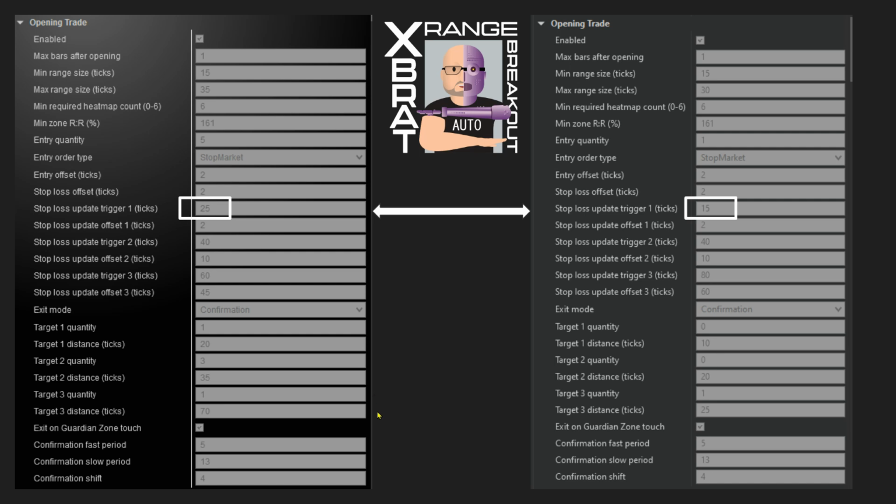Now we can see down the bottom here, exit on Guardian zones is still the same at that point. So everything's pretty much the same except for that stop loss update trigger, that break even stop loss update. Sometimes we can be too aggressive to actually put it as break even.